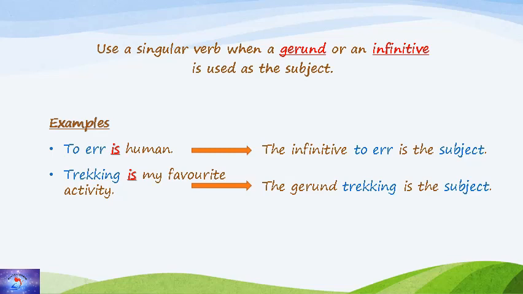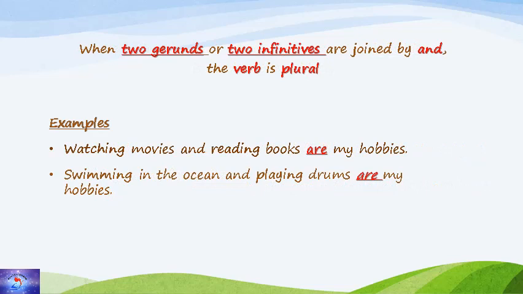When you have two gerunds or two infinitives in a sentence joined by the conjunction and, then the verb in the sentence will be in a plural form. So for example, watching movies and reading books are my hobbies.